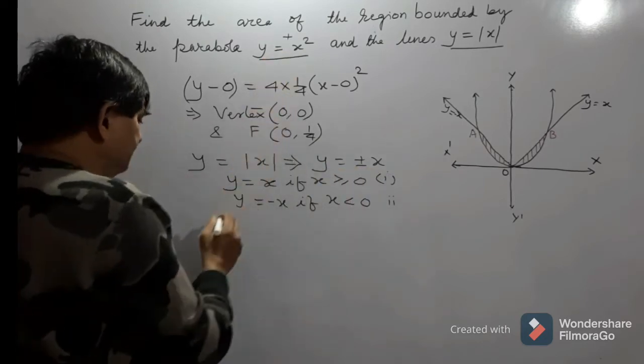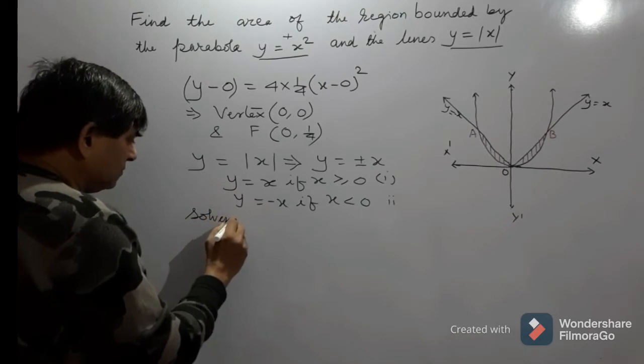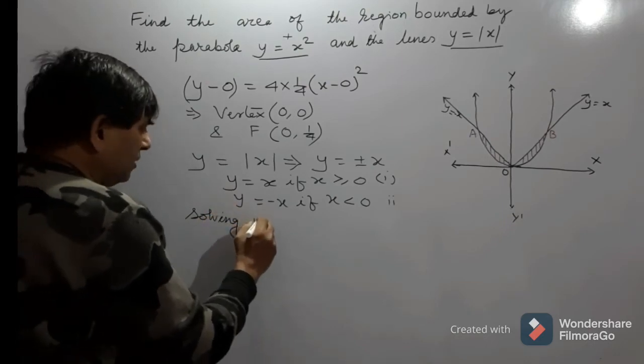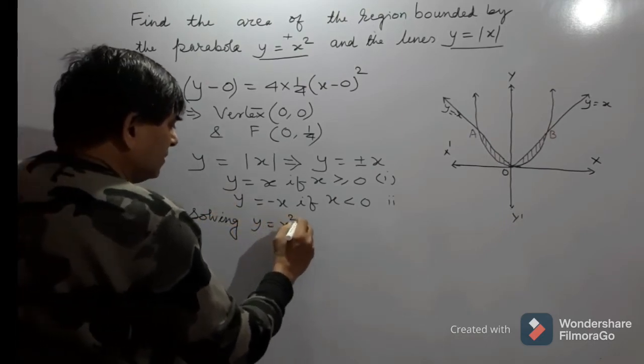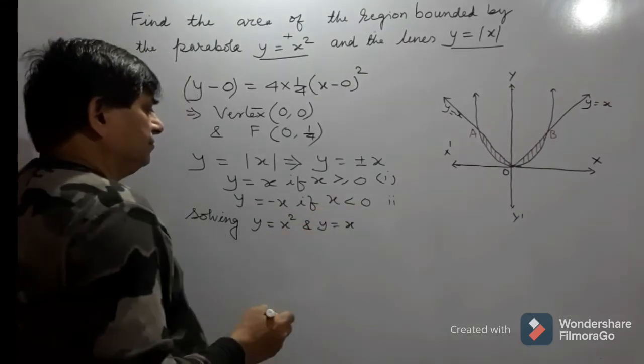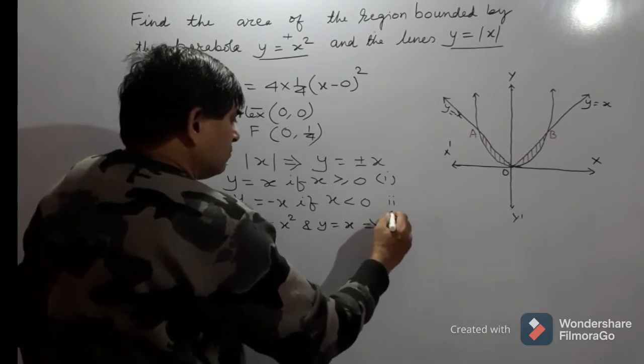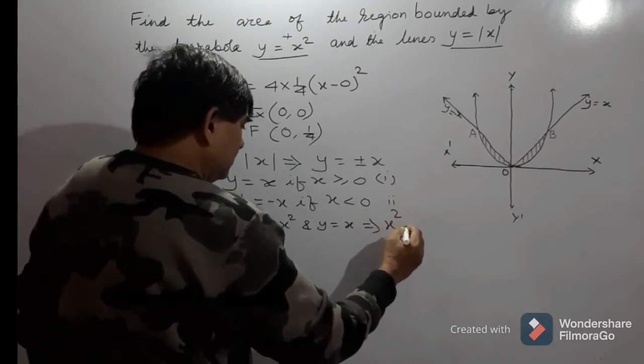So solving y is equal to x square and y is equal to x, what we get? x square is equal to x.